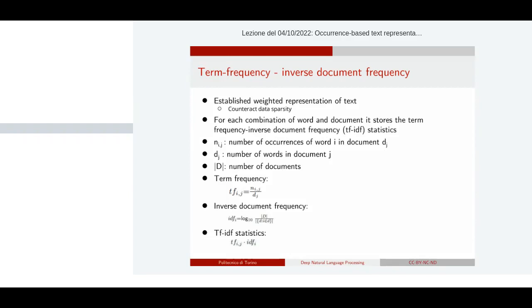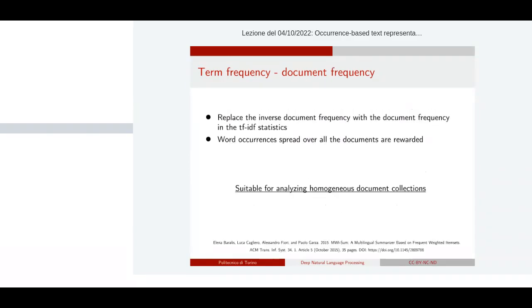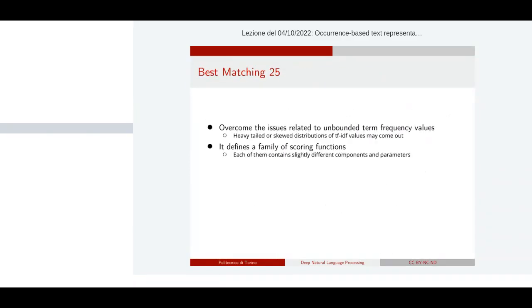But the term frequency can be unbounded, so you may have some distortion when you incur heavy-tailed distributions of frequency values. In order to avoid such a distortion due to unbounded values, you may define an alternative family of scoring functions, called best matching, which can also be weighted, so it can be configured according to your needs.